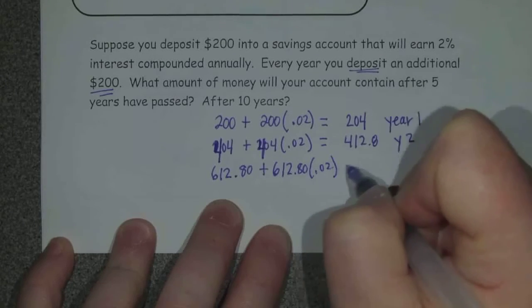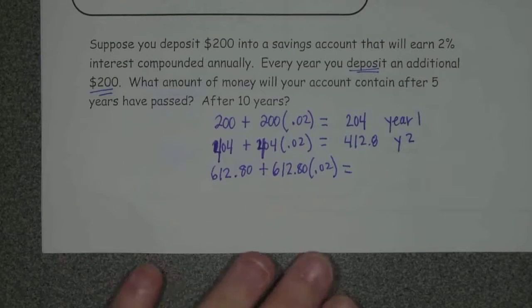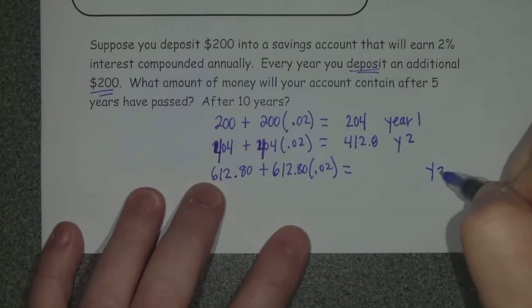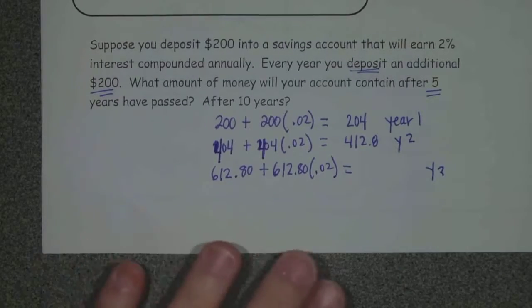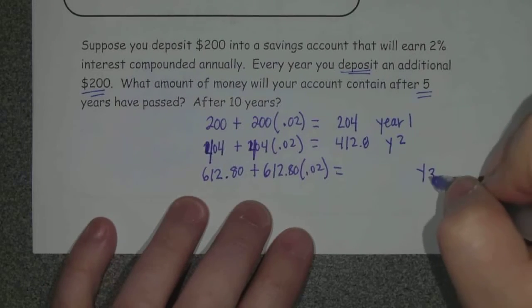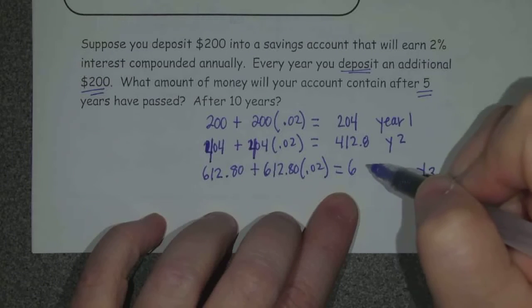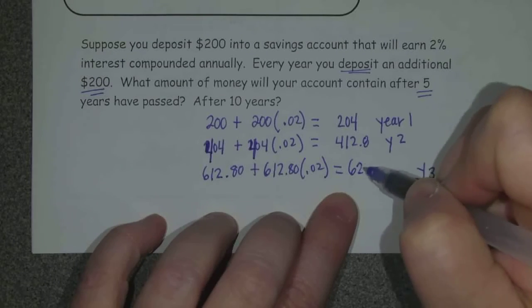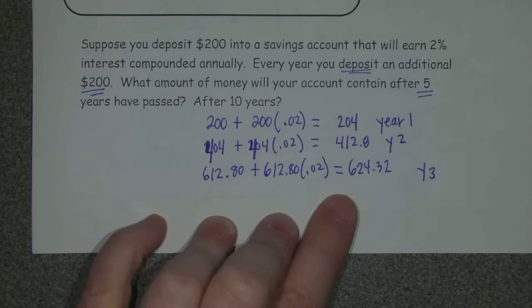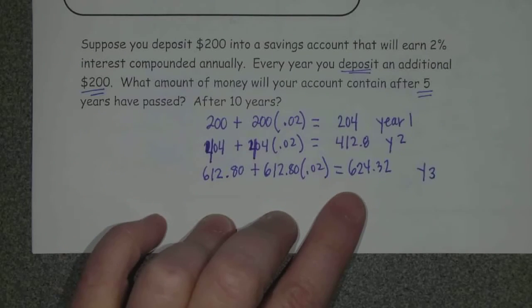Does anybody remember how many times it asked me to do this in the problem? It says after 5 years, right? So we've got to do this 5 times. This will be at the end of year 3. Did you get 624.32? It's supposed to be 0.8. Oh, did I do it right?